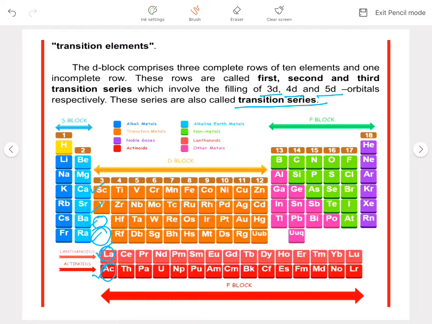After one electron enters the D orbital in these elements, F orbitals start filling from 1 to 14. That is from cerium to lutetium in the first series, the lanthanoid series, and from thorium to lawrencium in the second series.